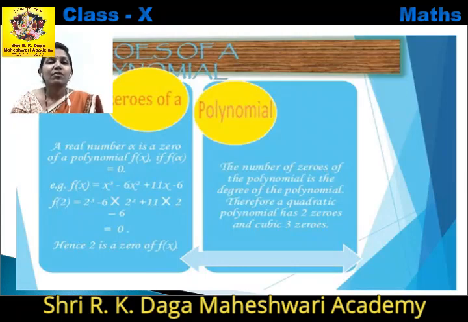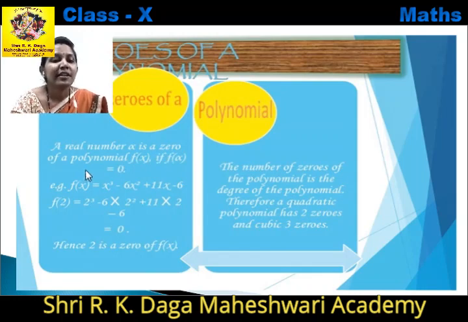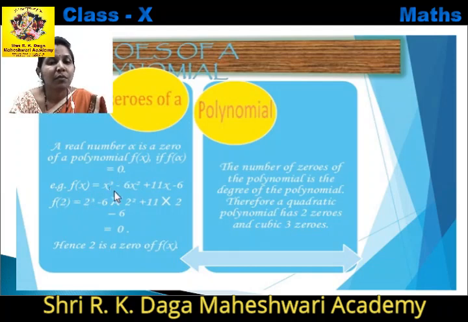Now zeros of a polynomial. A real number alpha is called a zero of a polynomial f of x if f of alpha equals 0. This is the example: x cube minus 6x square plus 11x minus 6. We have put 2 at the place of x and we will find the value of this polynomial.